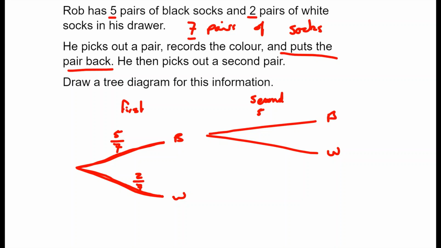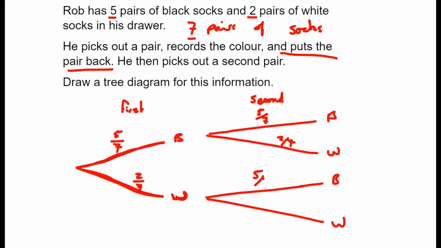So there are still 5 out of the 7 pairs that are black, and still 2 out of the 7 pairs which are white. If he'd picked a white first, again the 2 options would be black or white, with the same probabilities: 5 pairs black, 2 pairs white, out of the total 7.